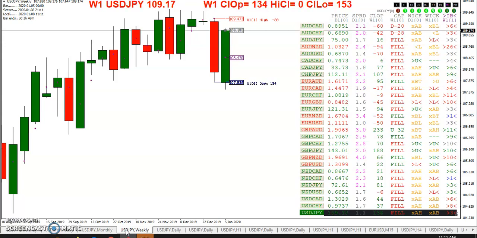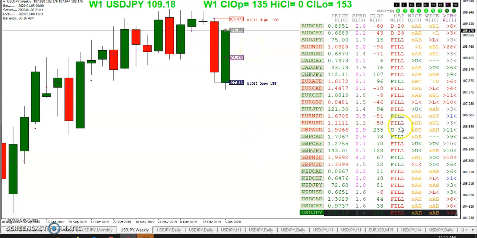Anyway, let's see. So we're looking at the weekly chart here on dollar yen. And we can see that dollar yen has moved up. It started out, went below the previous week's low, then shot up through that lower wick zone.